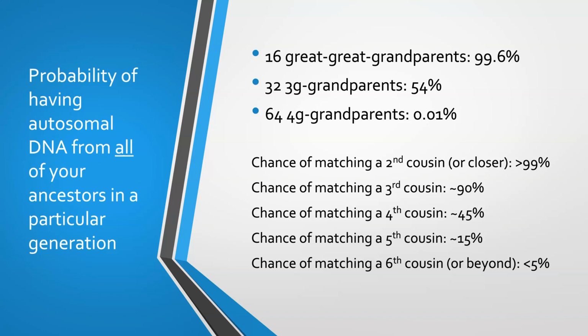But when you get back another generation to your 32 3 times great-grandparents, it's about 50-50 that you will have DNA from all 32. And once you get back to the next generation, 4 times great-grandparents, where there's 64 of them, it's almost certain that at least one or more of those 64 individuals has dropped out of your DNA. You don't have any DNA from them.